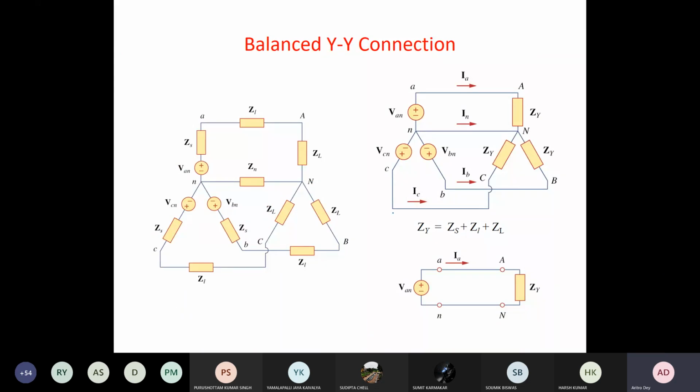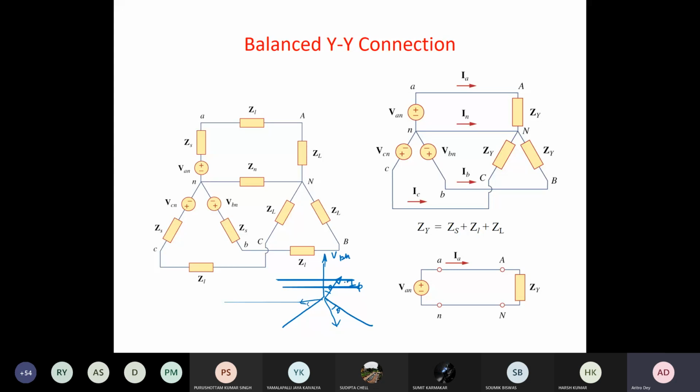So if we take the balanced load, then what will happen for each case? If these are your three different phase voltages, then this is V phase, and this is I phase. That remains the same angle, theta or phi, whatever it is.